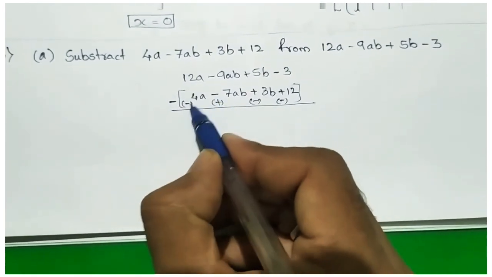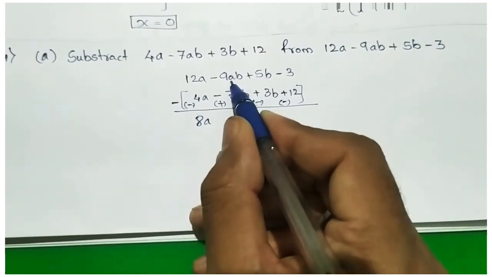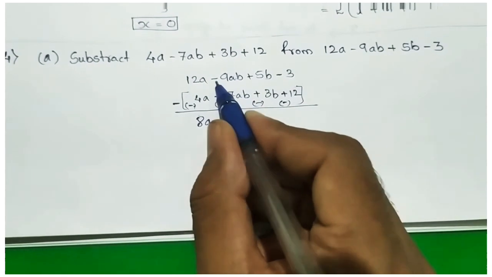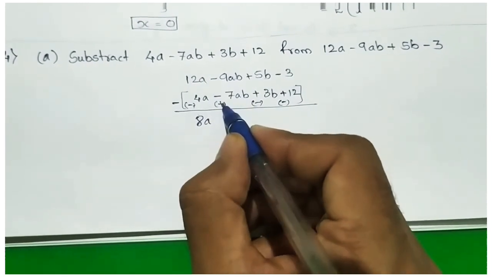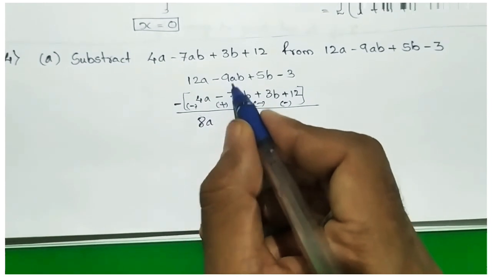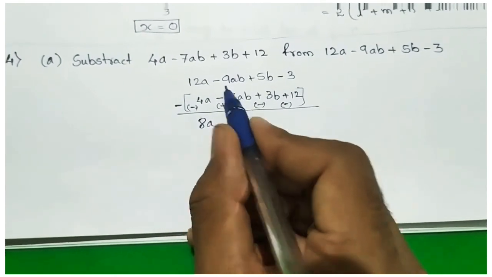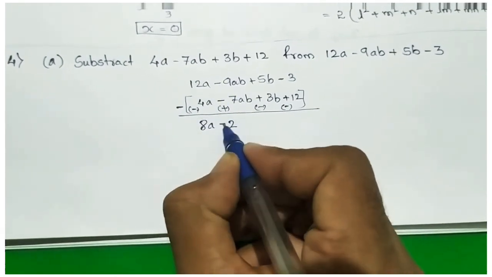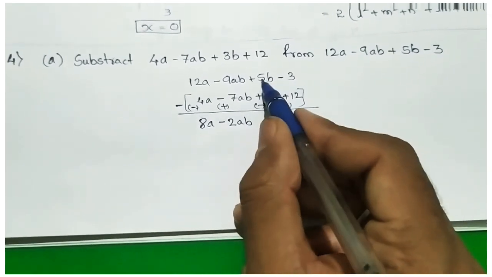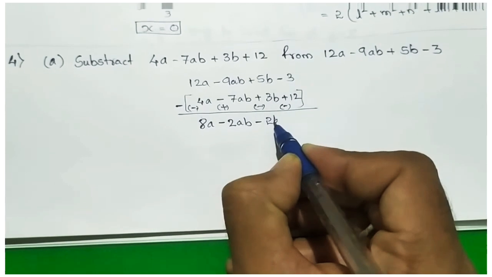So 12 minus 4, here we will get 8a. Next, minus 9ab plus 7ab. Here it is minus, it becomes plus here. So opposite signs, what you have to do? Subtract the smaller one from the bigger. 9 minus 7, here we will get 2. And which 2? Bigger sign is minus, so minus 2, and variables are ab. And 5b minus 3b, it will be plus 2b.